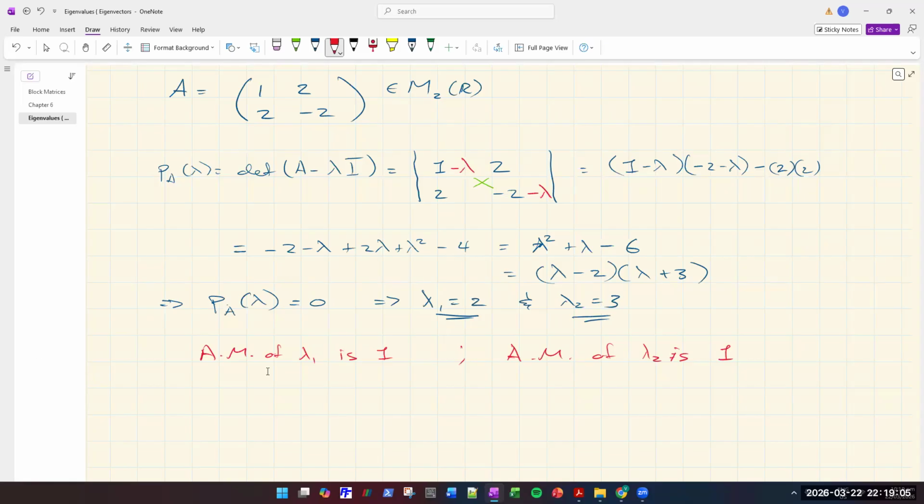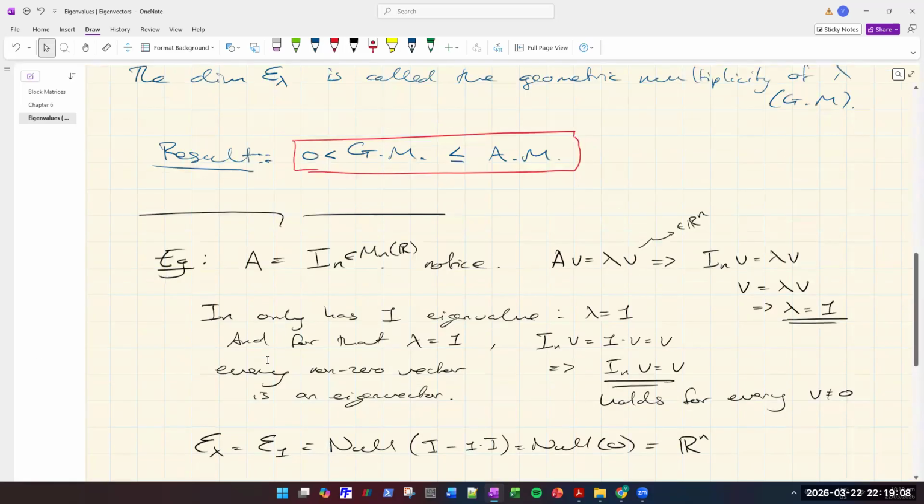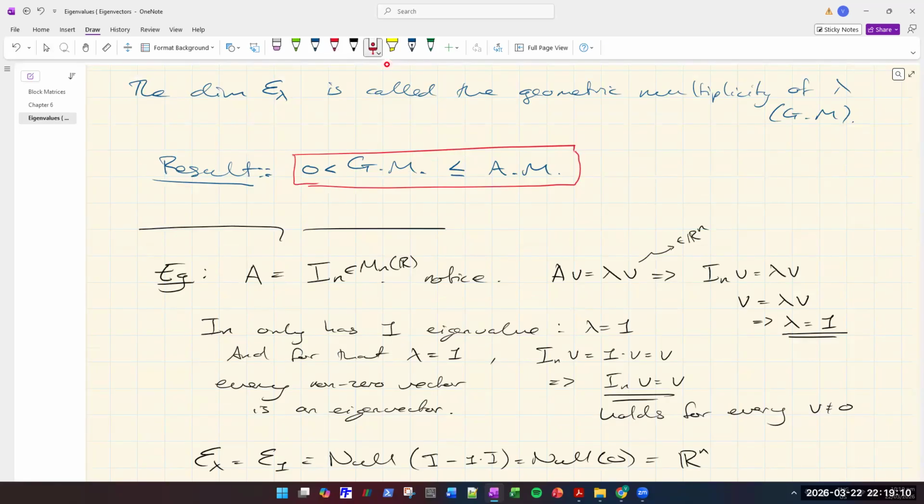And since we know that the geometric multiplicity must be less than or equal to the algebraic multiplicity, but the geometric multiplicity is the dimension of a vector space, and it was not going to be the zero subspace because an eigenvector cannot be 0. So it's going to be strictly positive, and it's a dimension, so it's a whole number. So what whole numbers are there strictly bigger than 0 and less than or equal to 1?